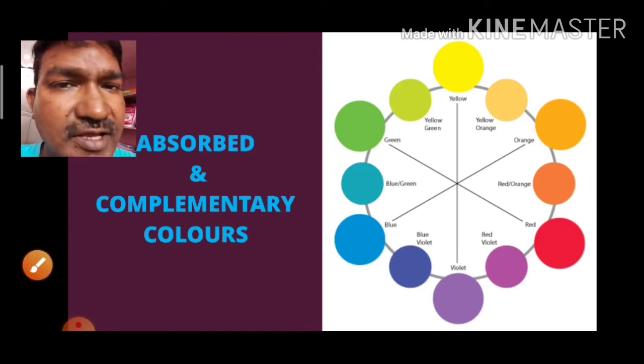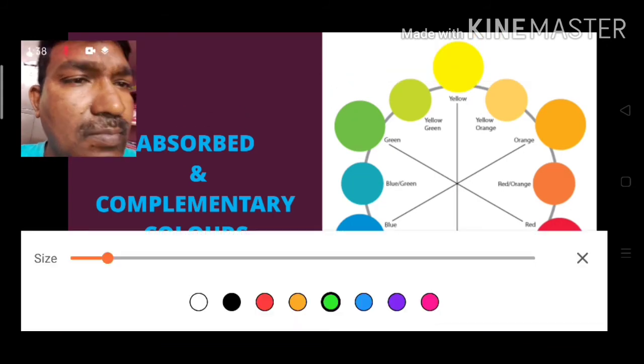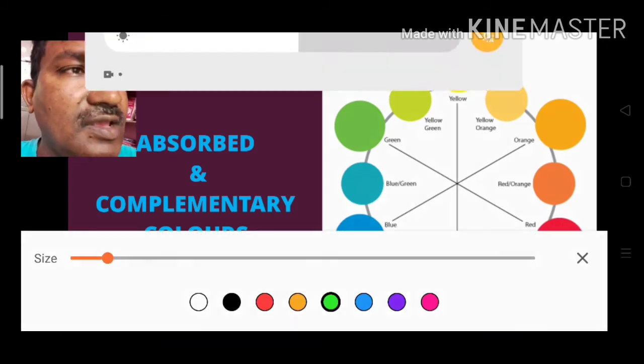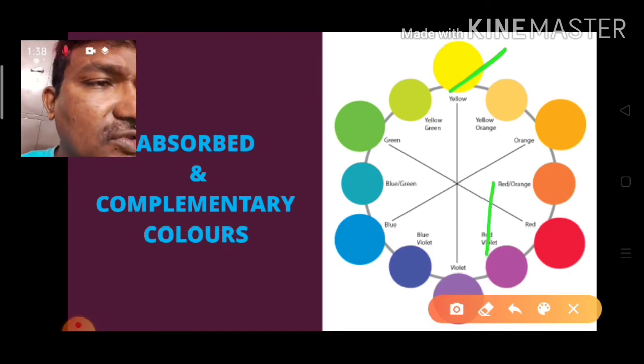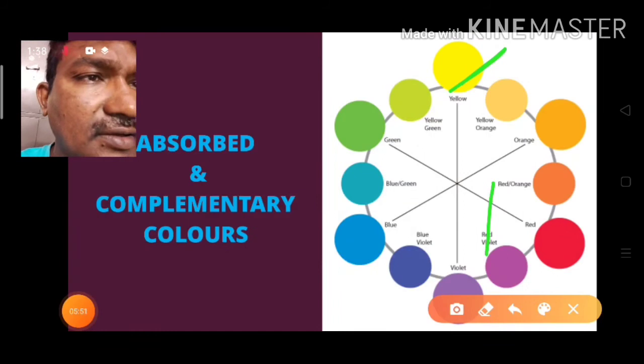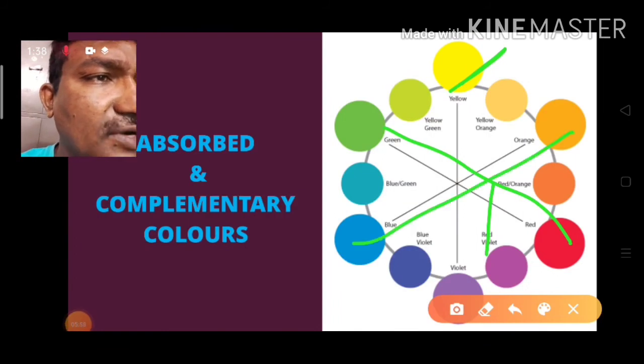Look here, my dear. Here, yellow color is complementary to the violet light, and green color is complementary to the red light, and blue color is complementary to the orange light. And in between green and yellow, we have the yellow green.